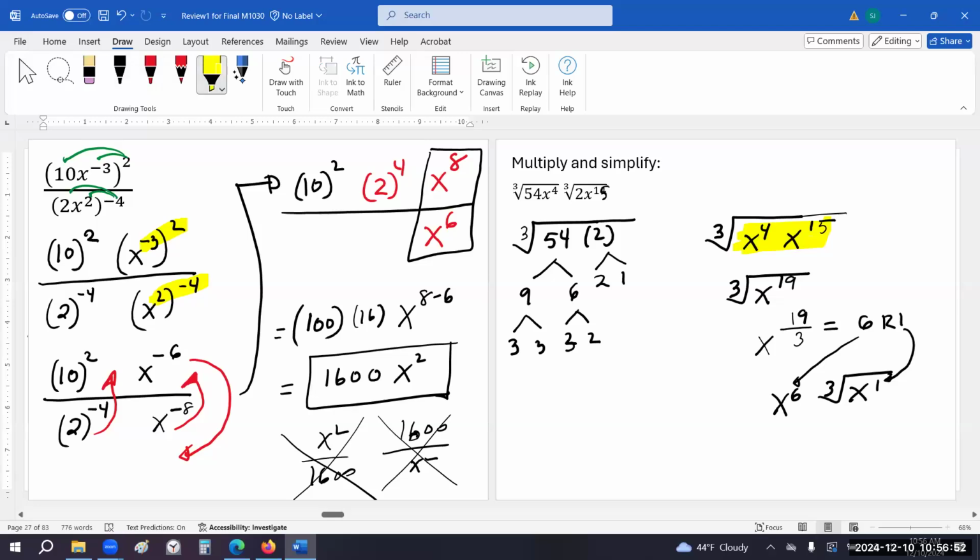So we have 3, 3, 3. We see our perfect cube. And we have these two with these two, right? So we are going to combine these 3, 3 together and these 2 squared.